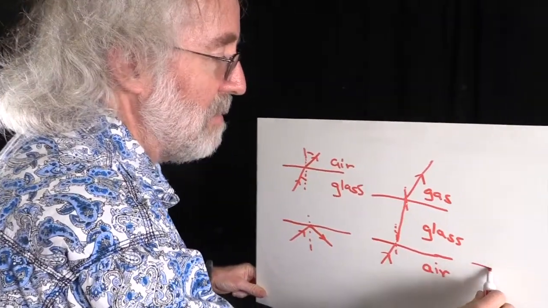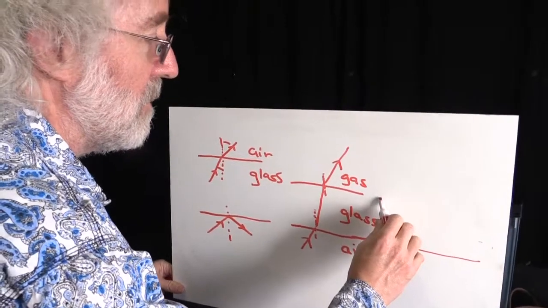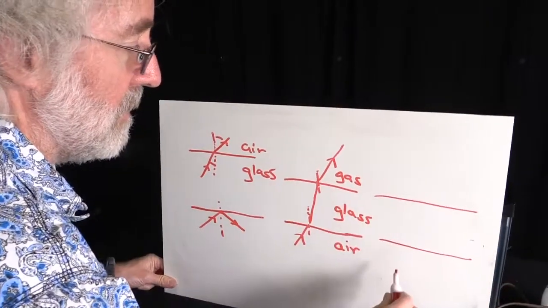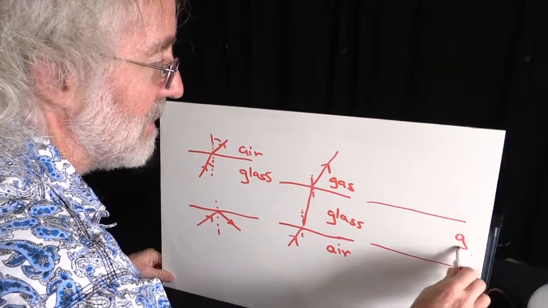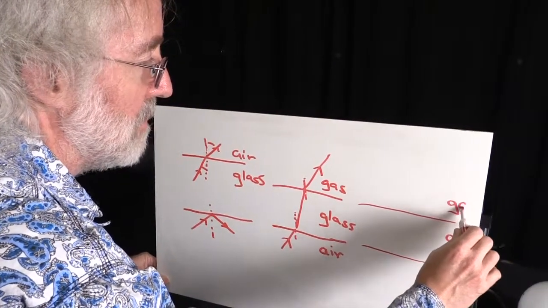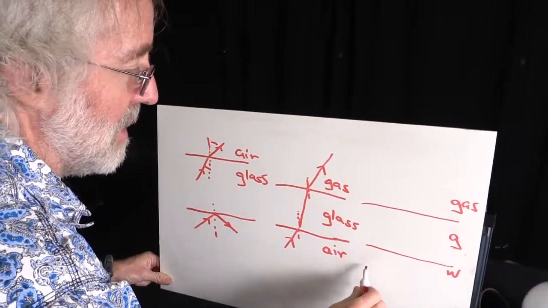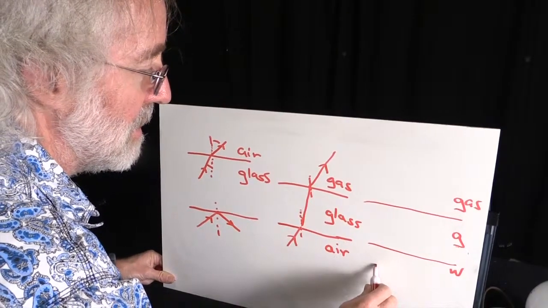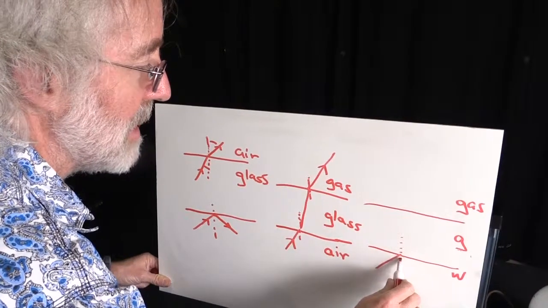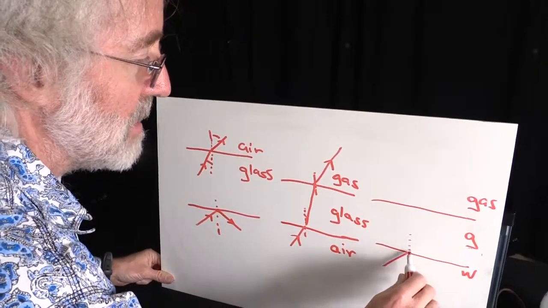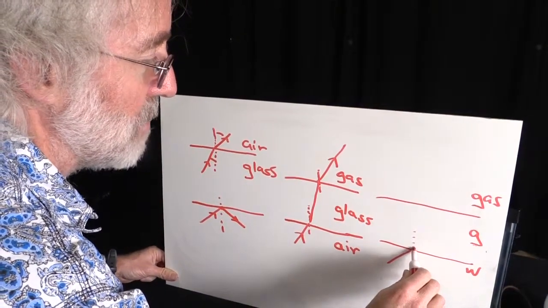But if I took the light bulb and dunked it into water, here's what would happen. I've got water here, I've got glass here, and I've got gas inside the bulb. Then what happens is this. Ray of light comes in, and it bends, but the water is near to the density of glass, and so it doesn't bend as much as it would.